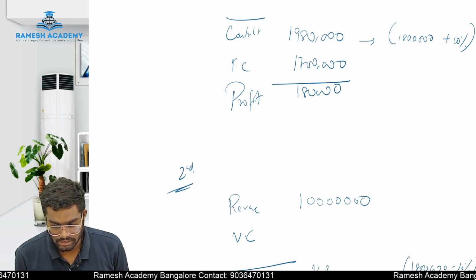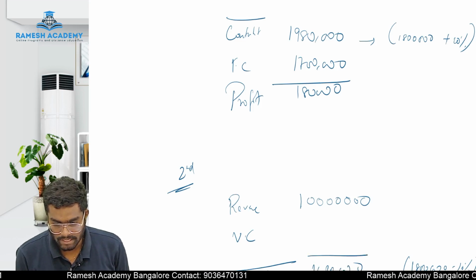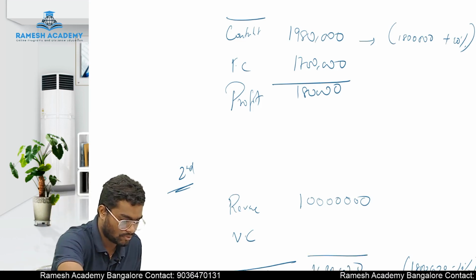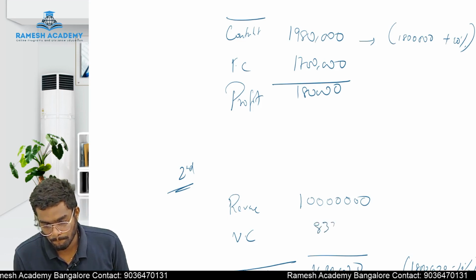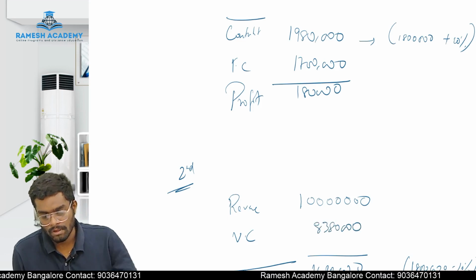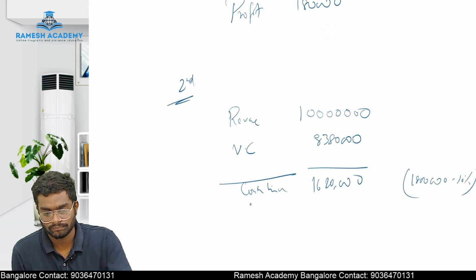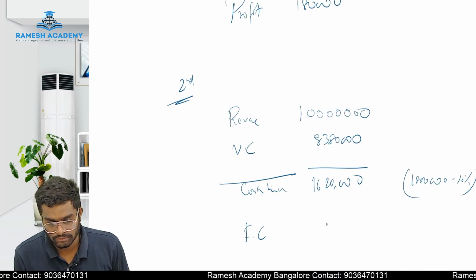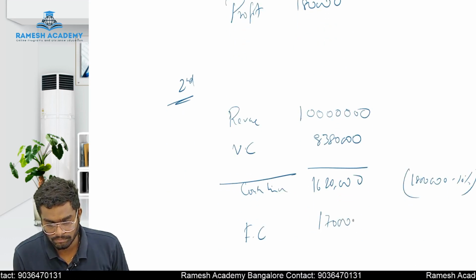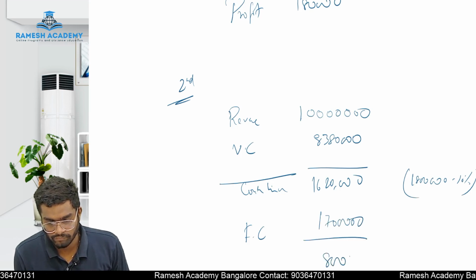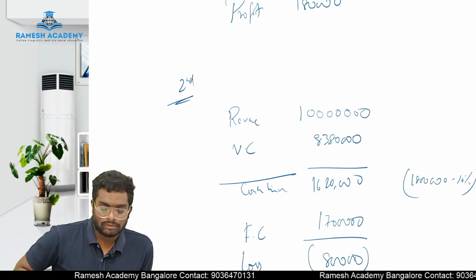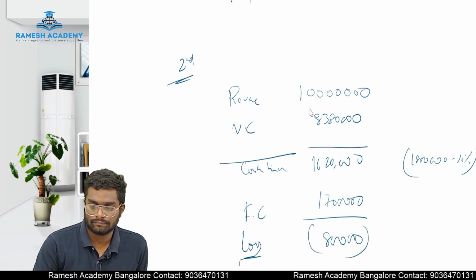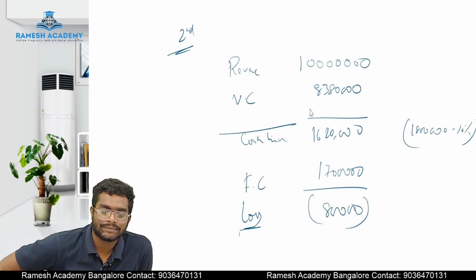The balancing figure is my variable cost, that is 83 lakh 80. Now we'll have a loss. Fixed cost 17 lakh, loss of 80,000. Second scenario done. I'll give 2 minutes.